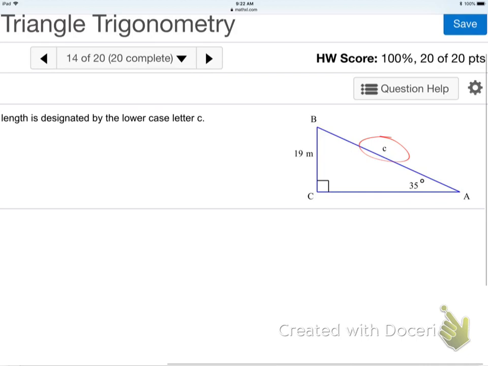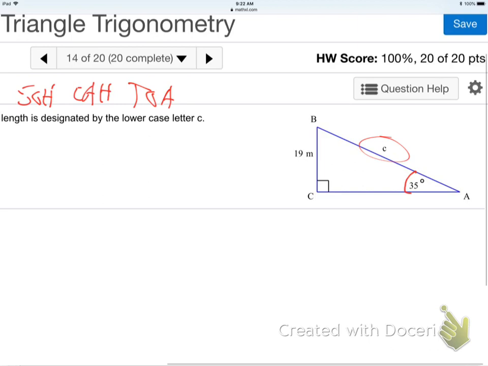So think about Sohcahtoa. I'm going to write it down again. Which trig relationship do you want to use? The angle's here, 35.